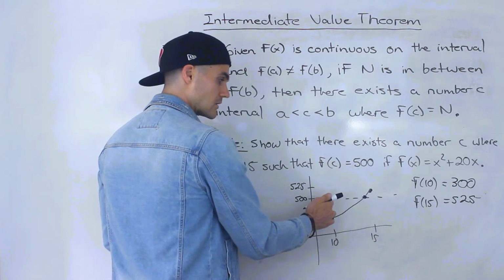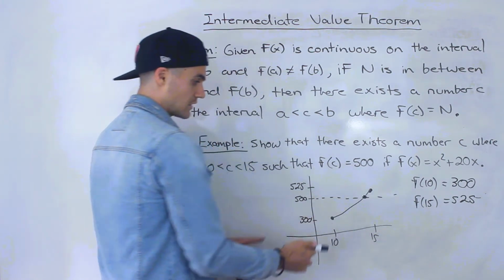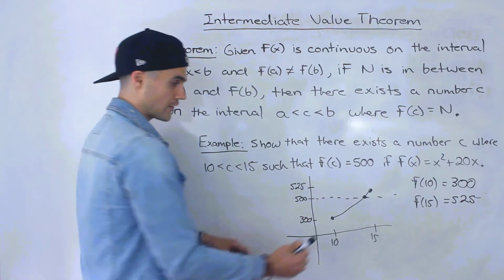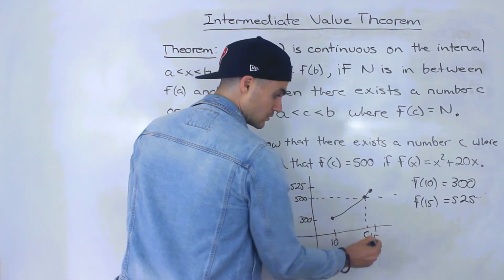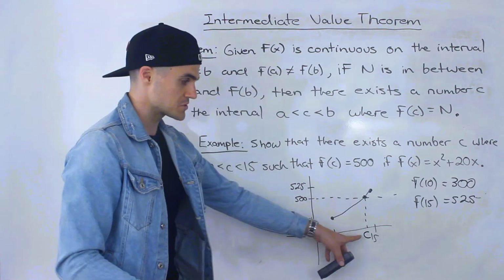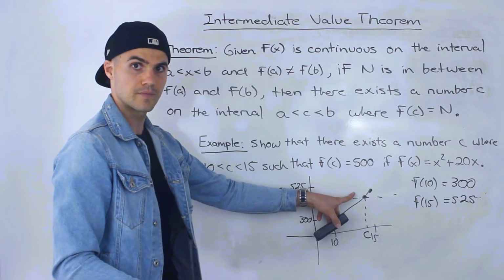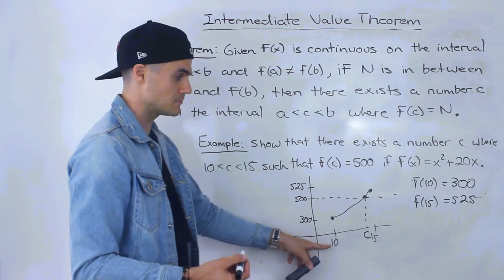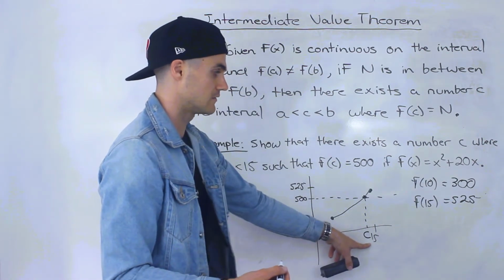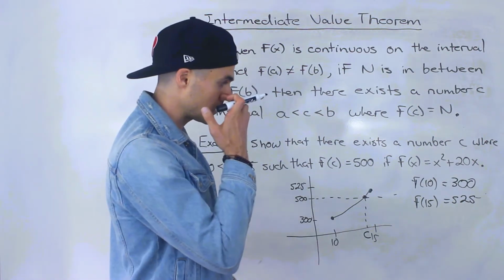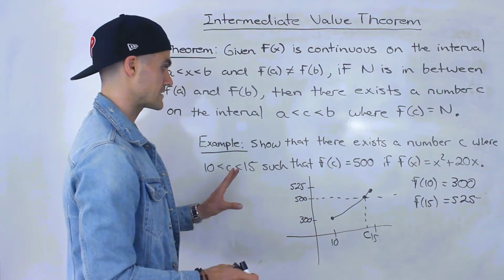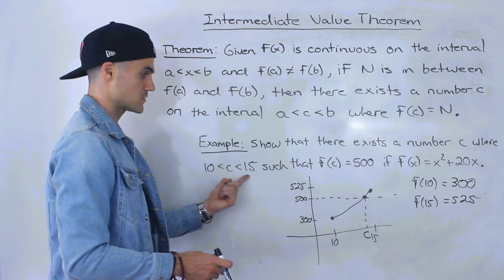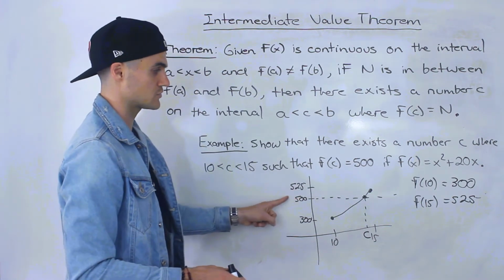And when it does cross that horizontal line, when it does have that y value of 500, the corresponding x value for that point is going to be between 10 and 15. So we showed with the intermediate value theorem that there exists a number c between 10 and 15 such that f of c is equal to 500.